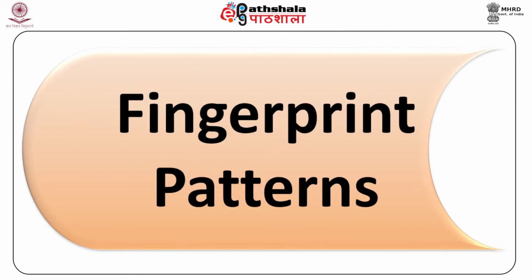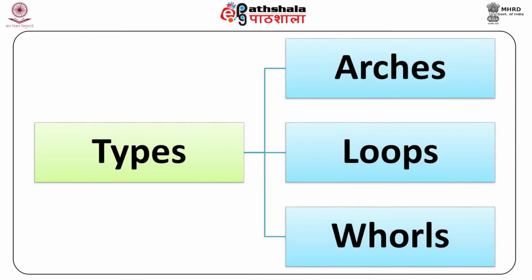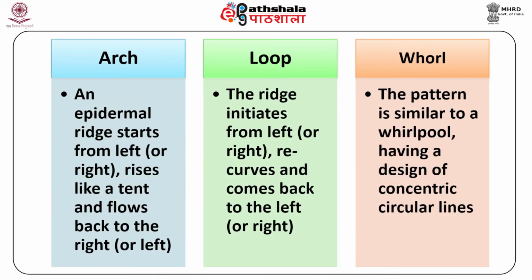Now let us learn about fingerprint patterns. There are three broad patterns of fingerprints, that is, the arcs, loops, and whorls. In the arc pattern, an epidermal ridge starts from left or right, rises like a tent, and flows back to the right or left. In the loop, the ridge initiates from left or right, recurves and comes back to the left or right.